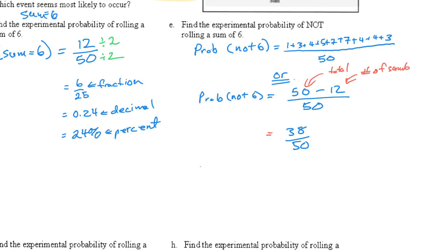Then we can divide both 50 and 38 by 2 to get a final answer of 19 over 25. Or we could write it as 0.76, or we could write this as 76%. All three are perfectly acceptable.